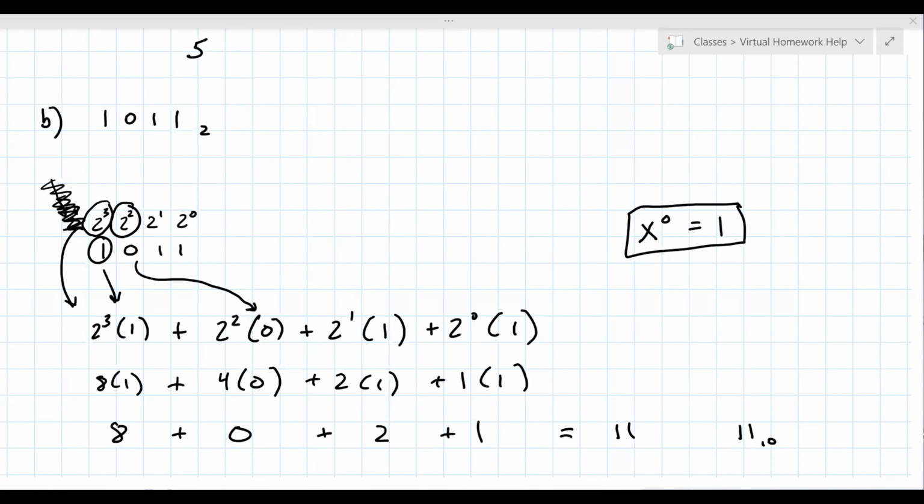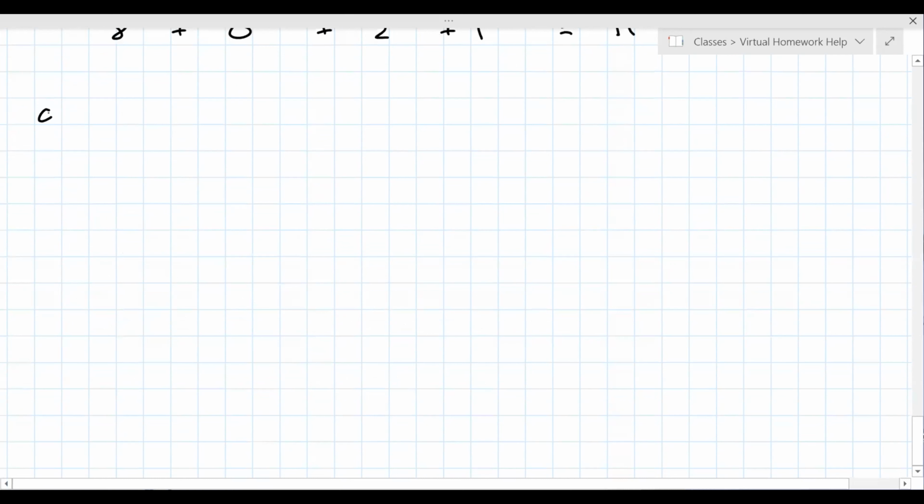All right, part C. The last question you have, it's 1, 0, 1, 0, 1. 2 to the 0, 2 to the 1, 2 squared, 2 cubed, 2 to the power of 4. Now, when you're really fast, you'll start writing, I'm going to write the number again here, 1, 0, 1, 0, 1.